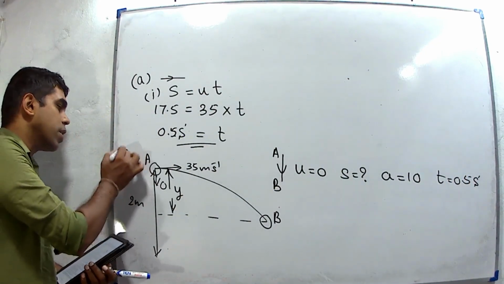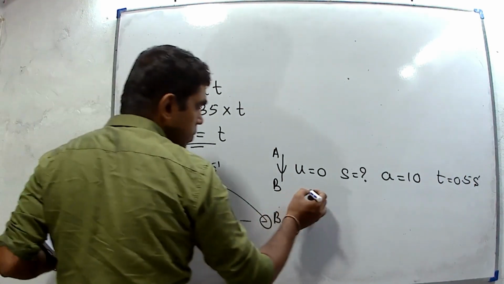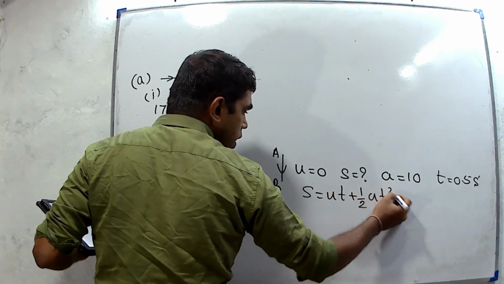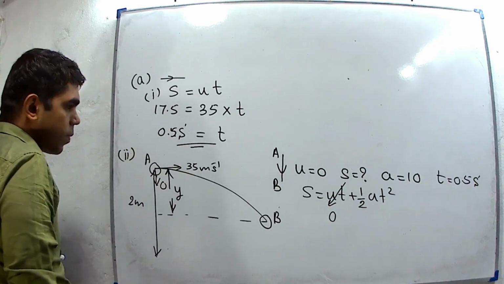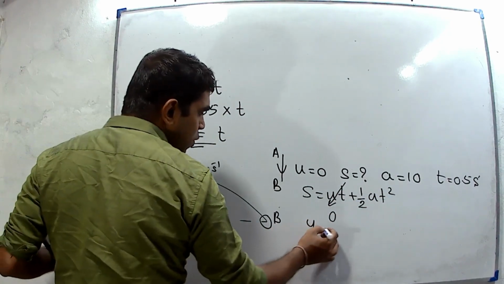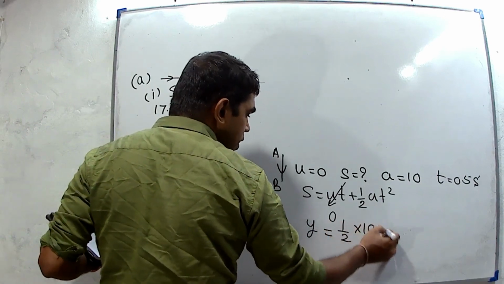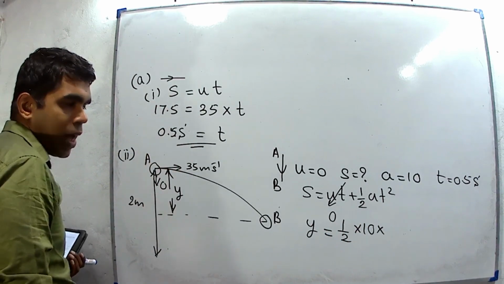Now we can use S equals ut plus half at squared. Initial downward velocity is 0, therefore the ut term is 0. S value is y, half into acceleration 10 times 0.5 squared.